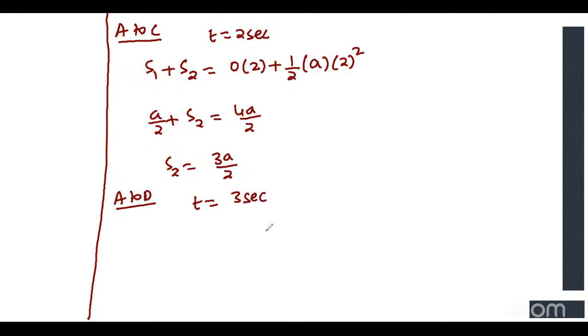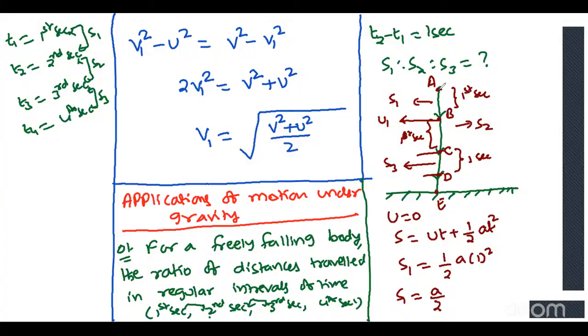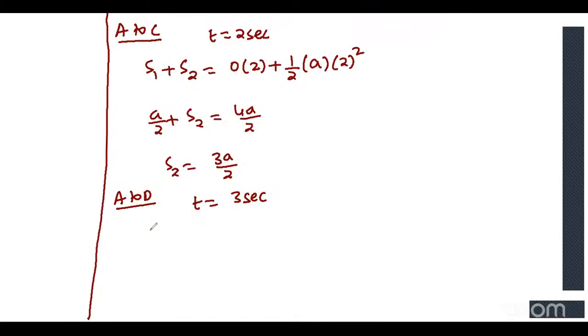Total distance traveled A to D, S1 plus S2 plus S3, equal to 0 into 3 plus half times A multiplied by 3 square, that is 9A by 2.